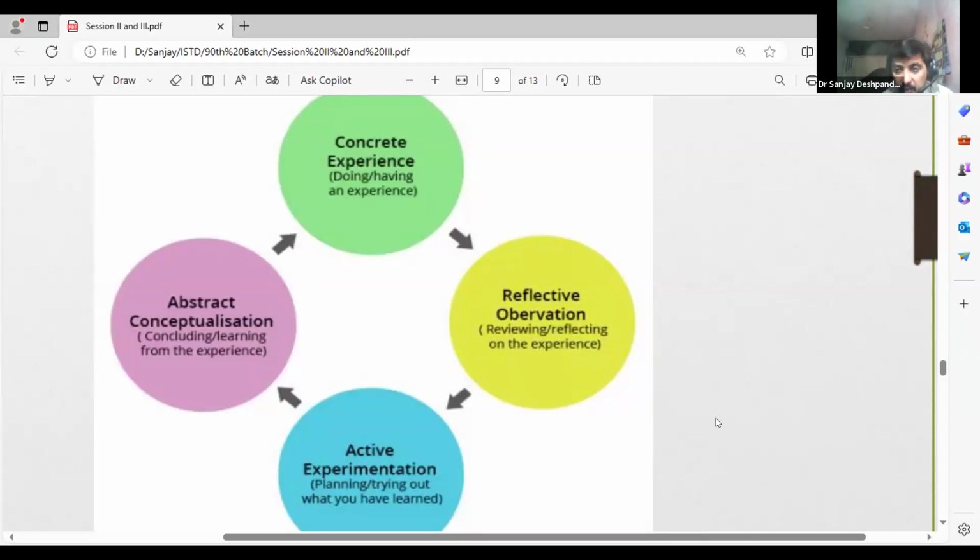Is that clear? For example, you hear your friends or the crowd saying that this car is very good. Public, media, magazine, everybody says that this car is really good.